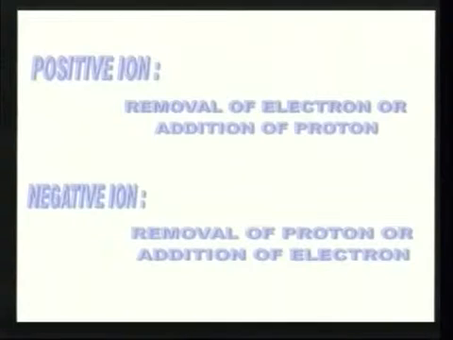If electrons are removed or protons are added, then positive charges are more than negative charges, and the atom is now called a positive ion. Positive ion: removal of electron or addition of proton. Negative ion: removal of proton or addition of electron.